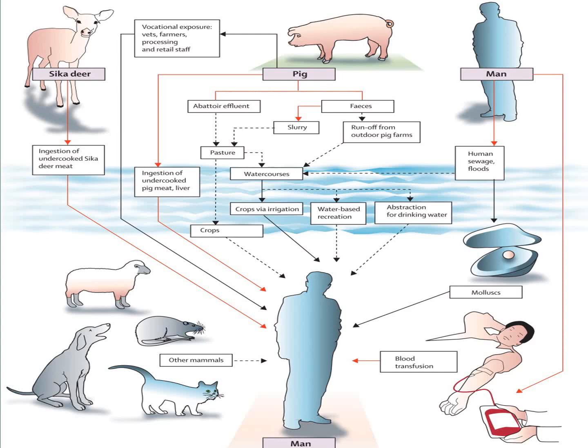Therefore, it is a big source: shellfish, blood transfusion, deer, sheep. Therefore, we don't forget the home animals living with us, which are pets. Don't forget the rat.